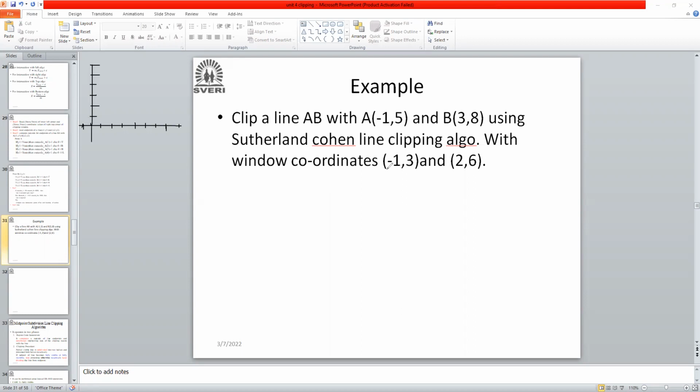Okay. So this point -1, 3. This is your -1 and 3 is 1, 2, 3 over here. This is the lower left corner of the window, and 2, 6. So 2 is here and 6 is somewhere over here.